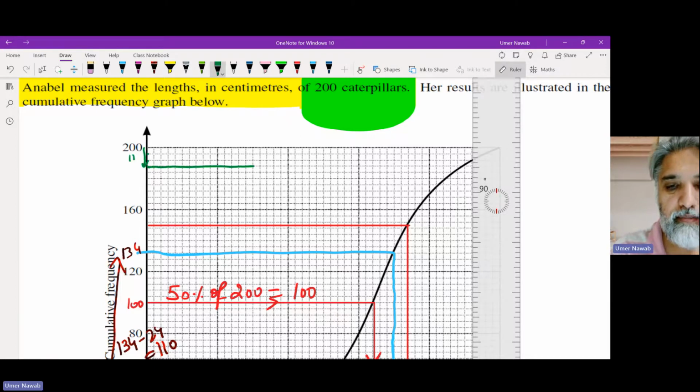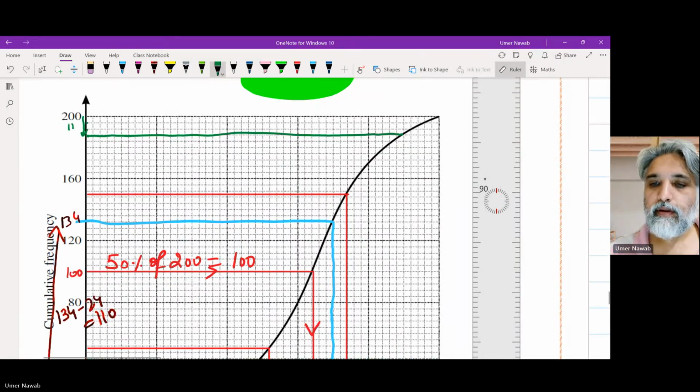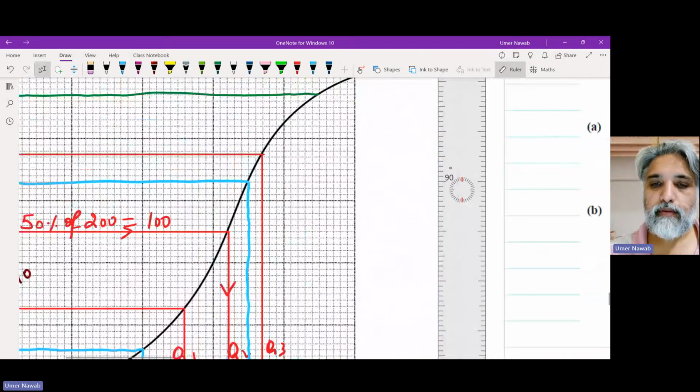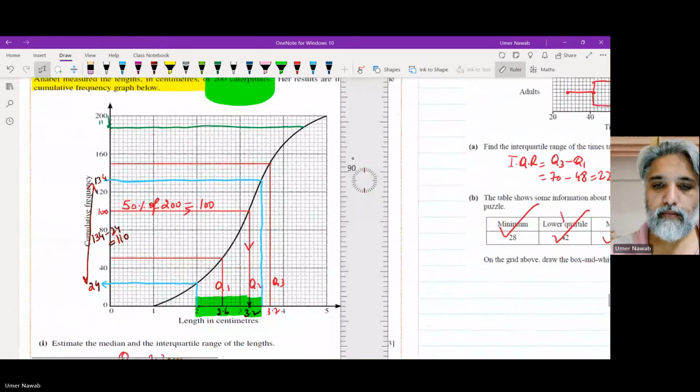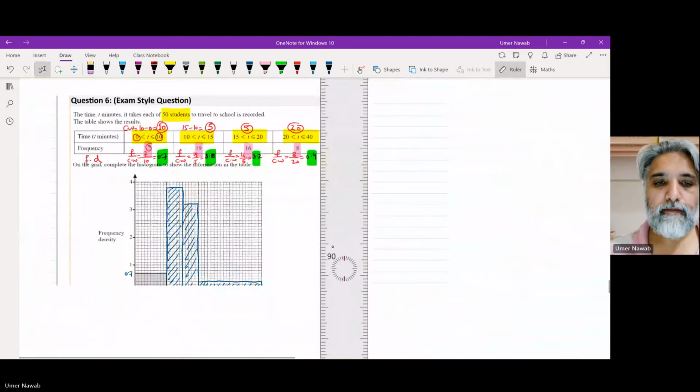So I have to go 12 units down. Go straight here. Strike the curve. And then you have to go down straight.